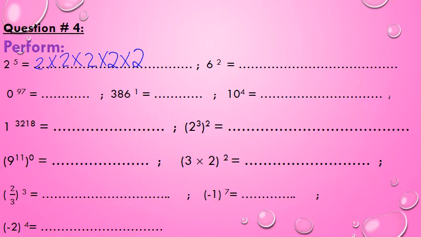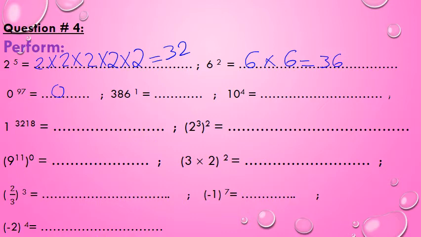We write the multiplication sentence, then we write the answer. What's the answer, Selena? It's 32. Hassan, 6 squared? 6 times 6 equals 36. 0 to the power 97, Ala? It's 0, because 0 is multiplied by itself 97 times.